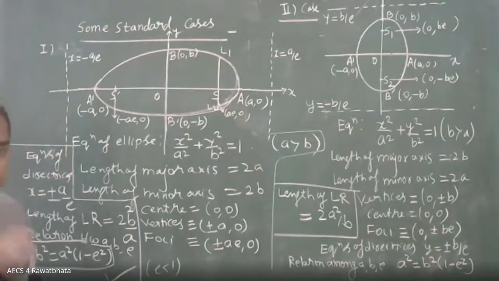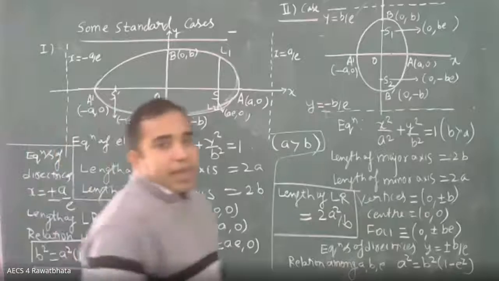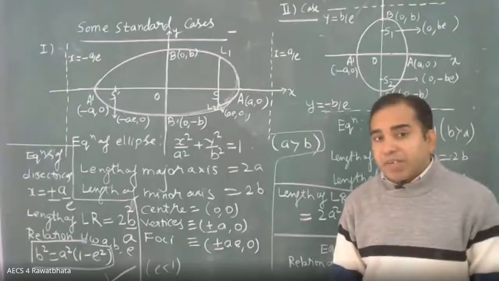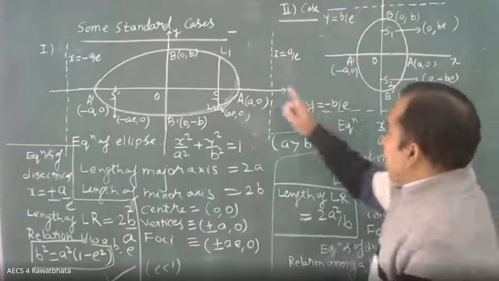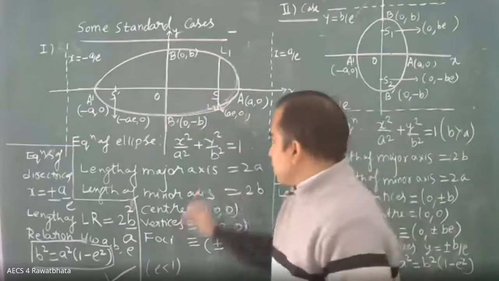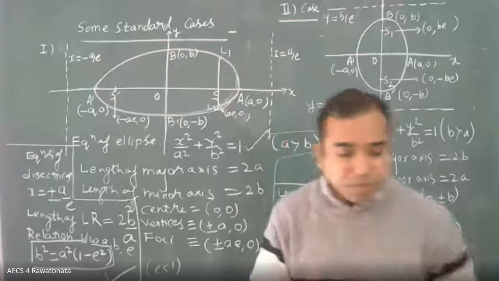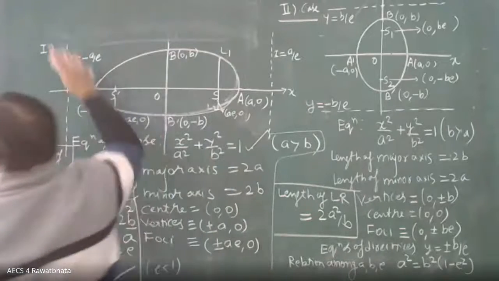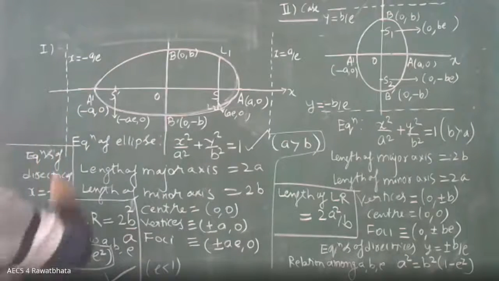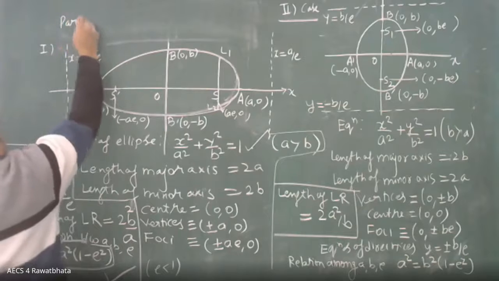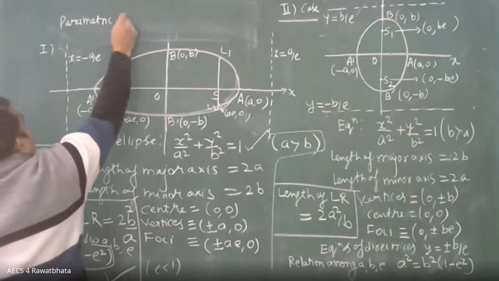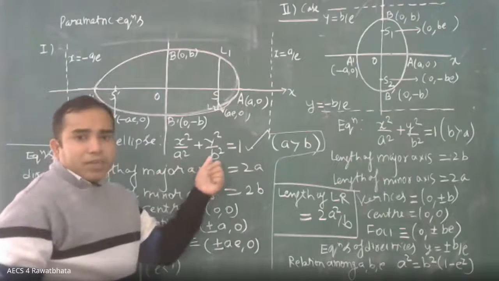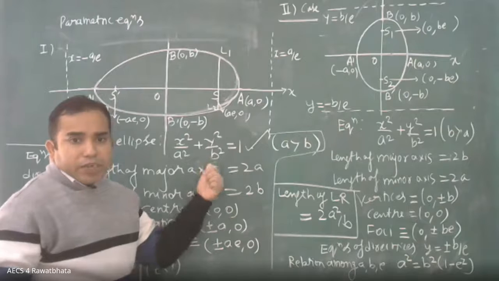One thing is remaining, the parametric equation. If you remember, for the circle x square plus y square equal to a square, we discussed the parametric equation. Can someone tell me the parametric equation for this first case, the ellipse? Tell me some x and y trigonometric substitution which satisfies this equation.